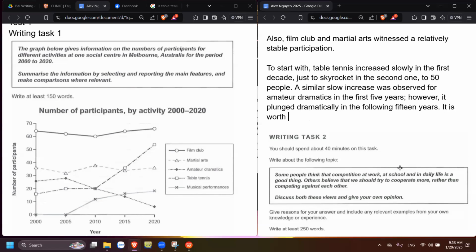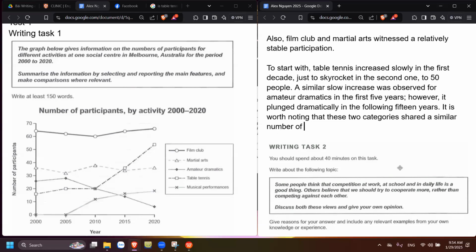It is worth noting that these two categories shared a similar number of participants in 2010.